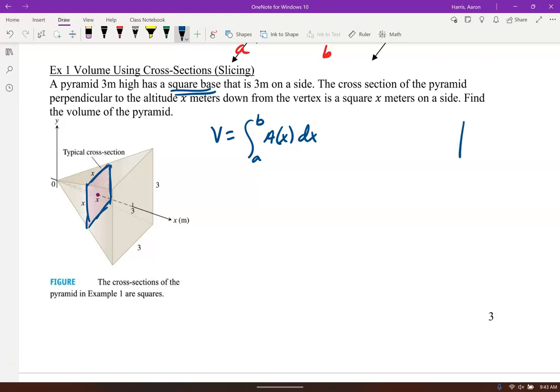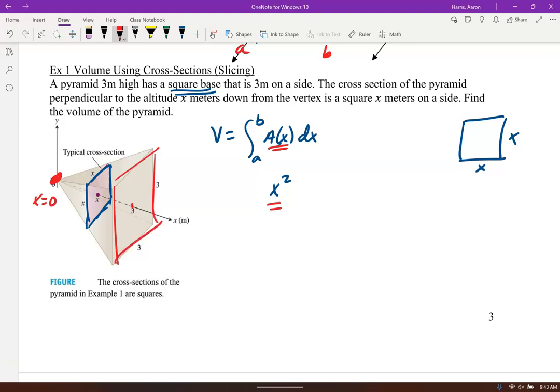So we know we've got this square, x times x, and we know the area, length times width, of a square is x times x, right? So we're going to have x squared in there. That's our A of x part, the area of the cross section. We're summing up all these cross sections, going from 0 up to our last value on this plane.